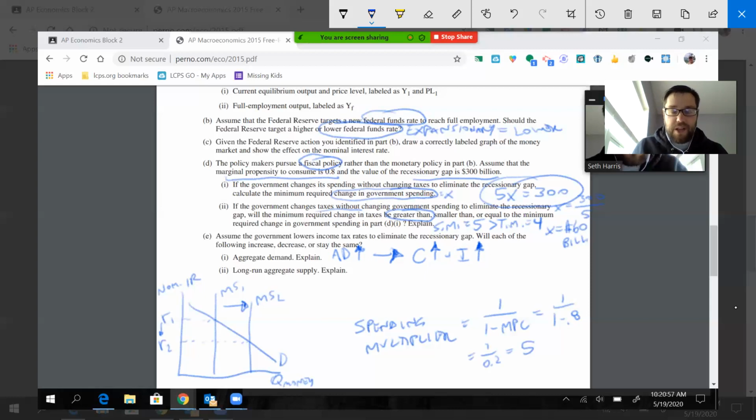All right, so part two is interesting. Long run aggregate supply, and then explain. Now, the obvious answer to me, at least, is that this will increase in the long run, and the reason being, we just talked about increases in consumption and investment, right? So people have higher disposable income, so they're therefore saving more money.